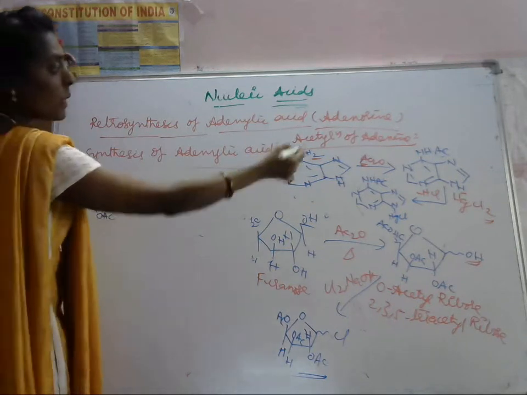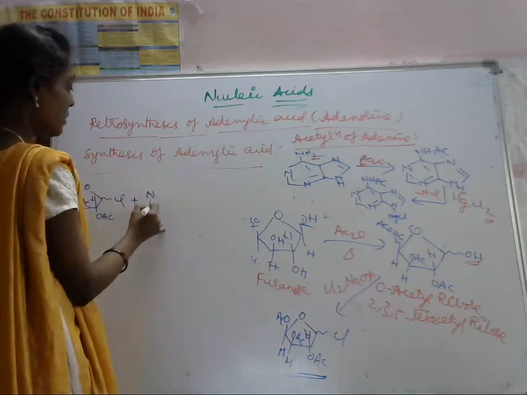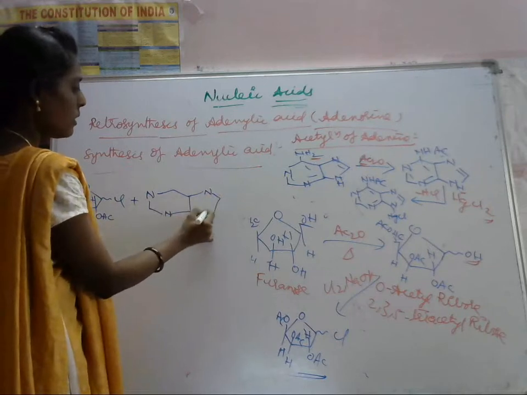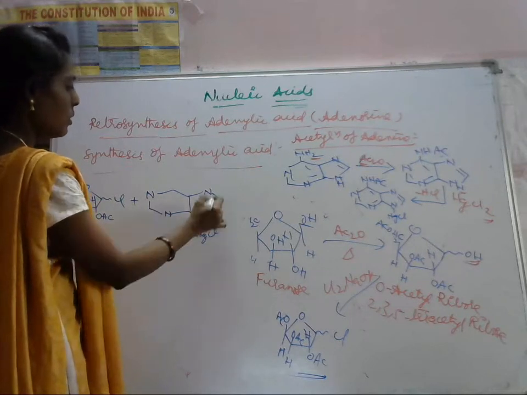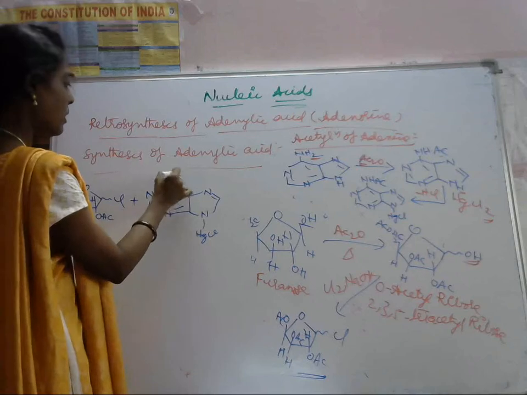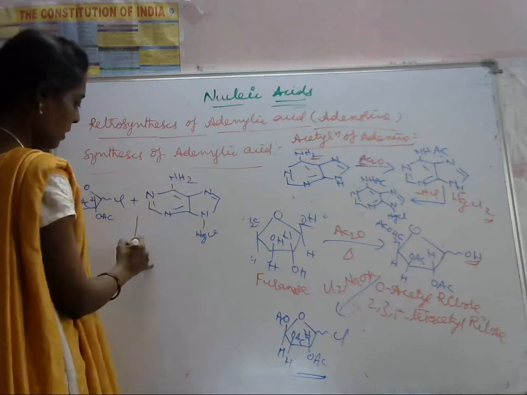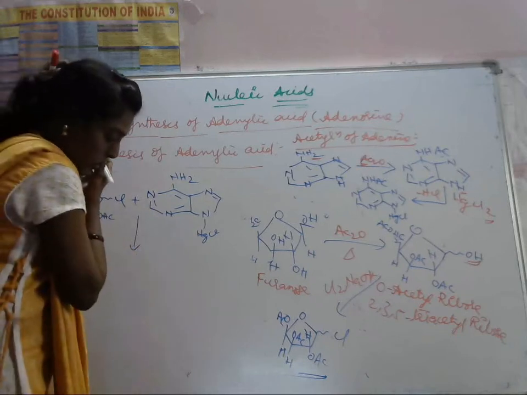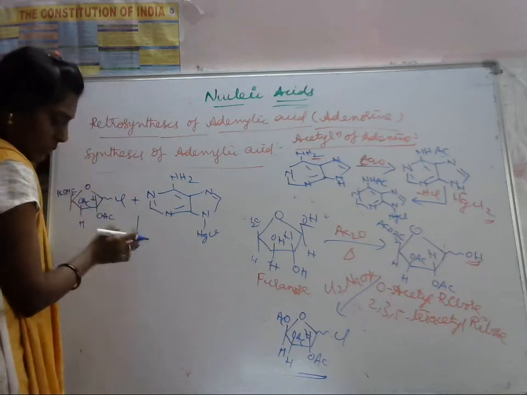Next we have to combine that unit, N here, N, HgCl, double bond will be there, here NH2. If these are combined and form this, here we have to replace this one.